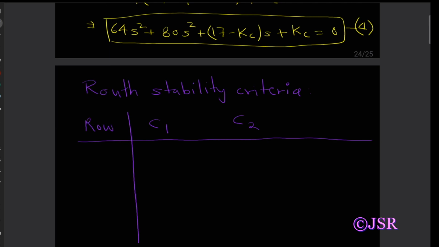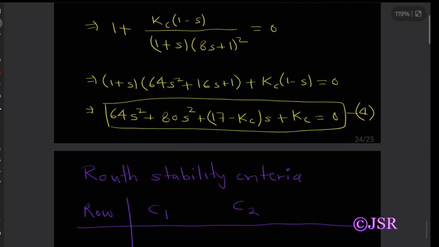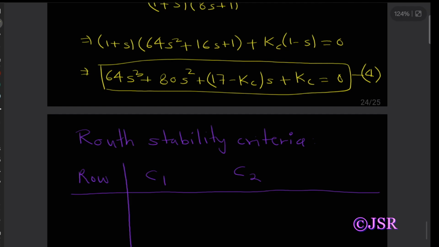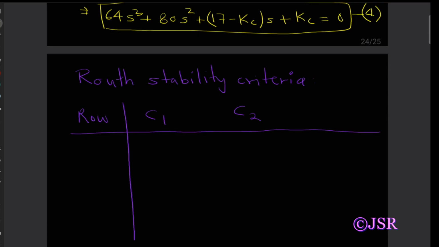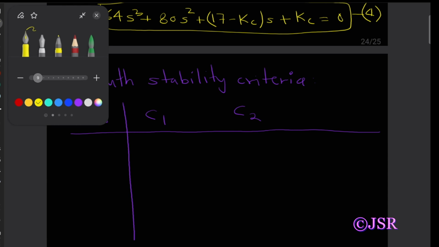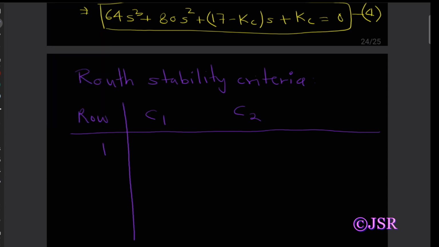Since the maximum degree of the polynomial is 3, we have a cubic polynomial, so we will have n plus 1, that is 3 plus 1, 4 rows. So the first 2 rows will be given as follows. This will be 64, this will be 80, this will be 17 minus Kc, and this will be Kc.